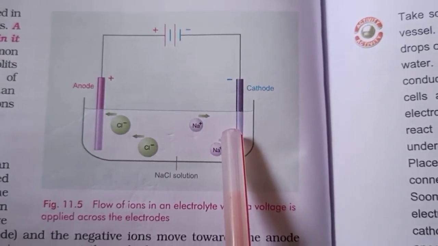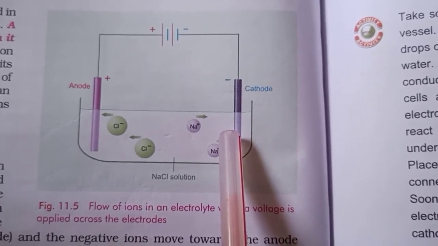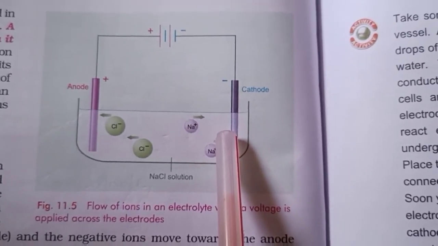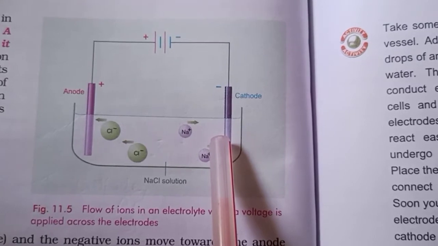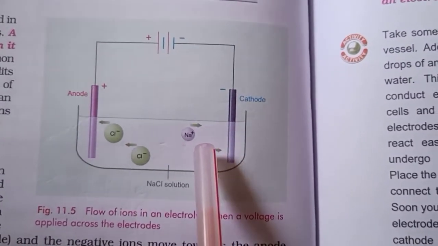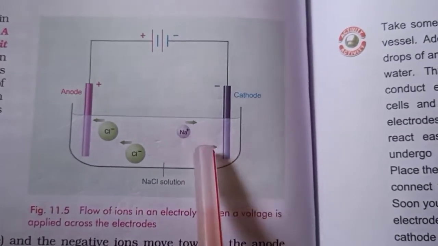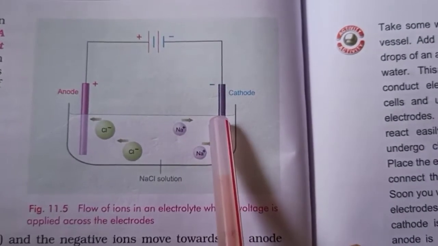And when they gain or lose electrons, they become neutral substances and are evolved at the electrodes. If it is a metal, it is deposited at the cathode. Here we can see the sodium, it is a metal, it is deposited at the cathode.